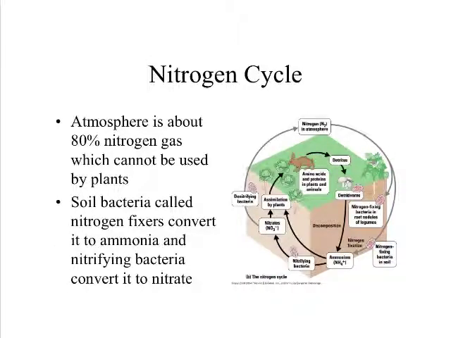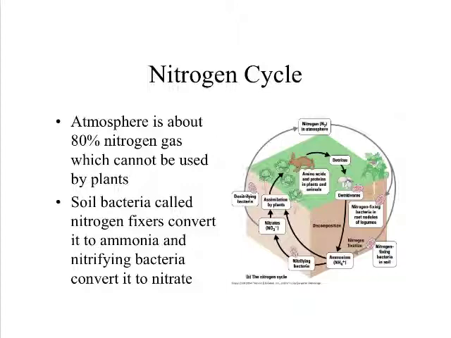Here is the nitrogen cycle. Now, nitrogen, again, is also found in our atmosphere, but the nitrogen gas found in our atmosphere can't be used by plants. So what we need are soil bacteria called nitrogen fixers or nitrifying bacteria that convert it to either ammonia or nitrate in the soil so that the plants can take up that nitrogen from the soil and convert it into the proteins and stuff that we need.